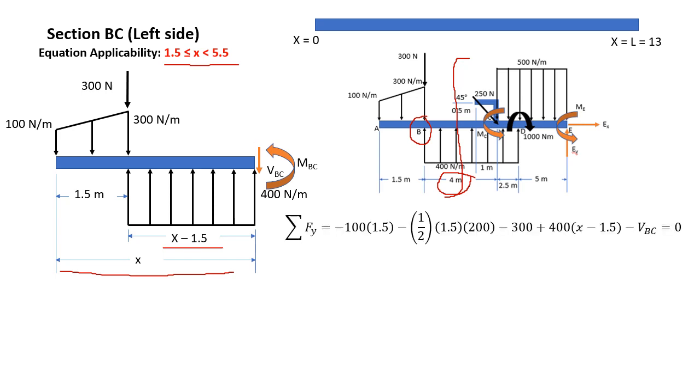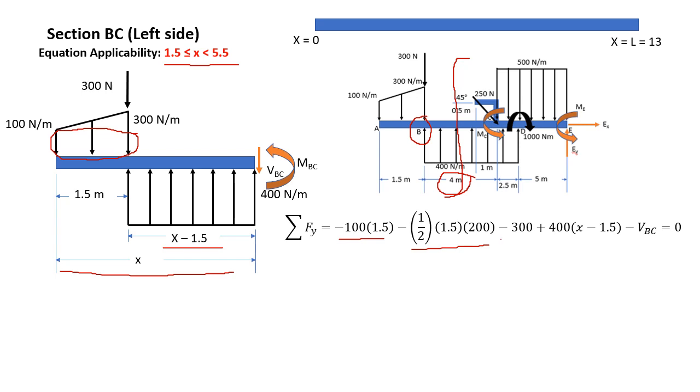Okay. Now, again, we sum forces along y. This term here is for the rectangle, 100 times 1.5 here in your trapezoid, this part. And then this one, 1/2, base is 1.5, height is 200, 300 minus 100.